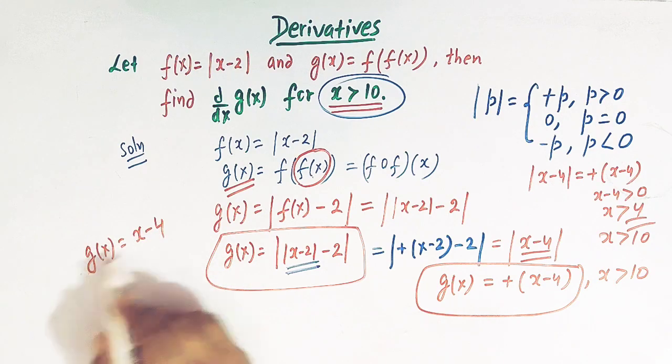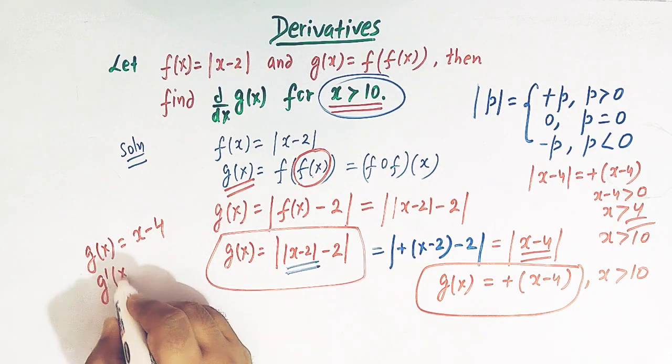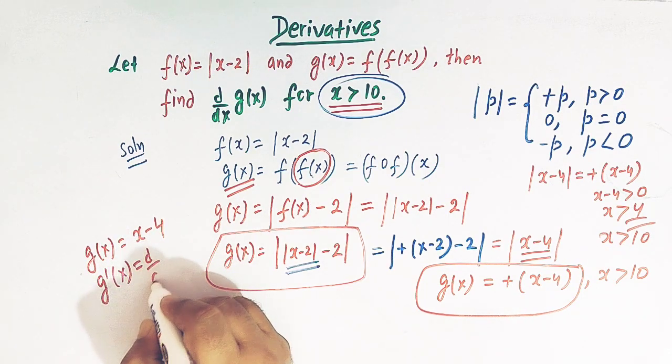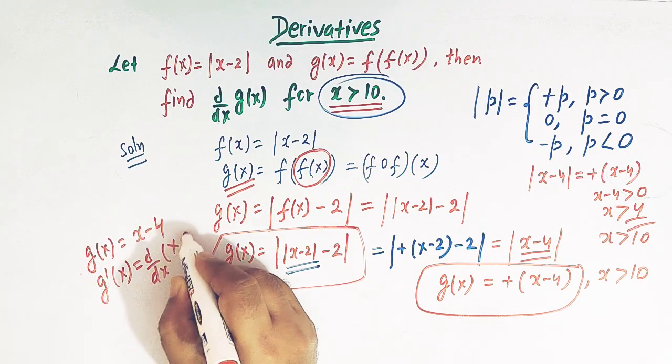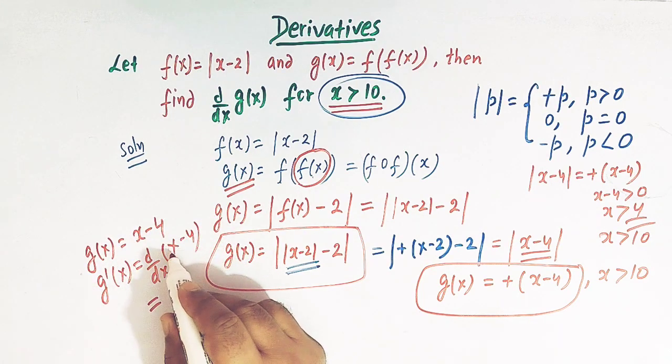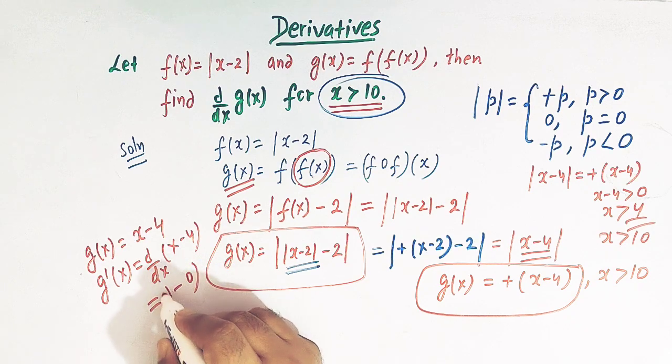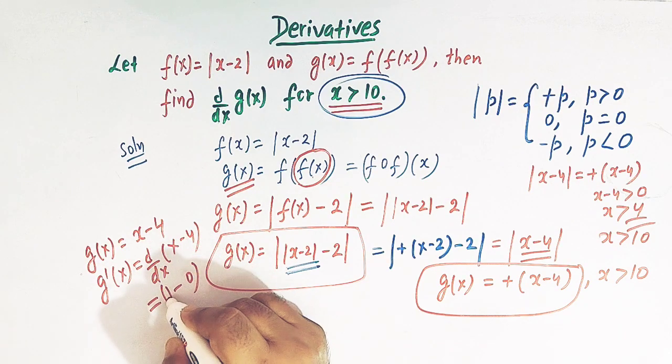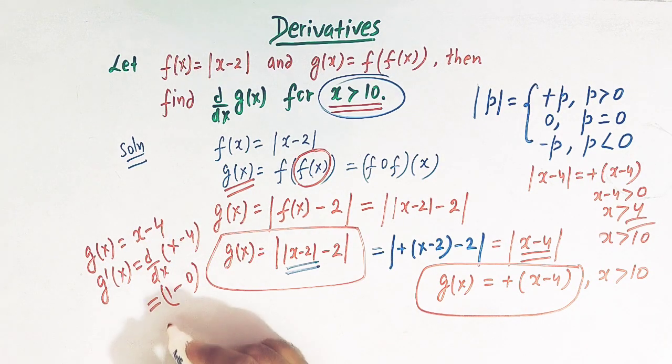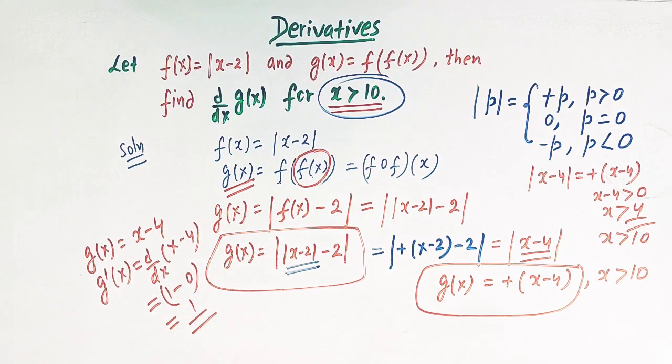Now if we differentiate both sides with respect to x, then the derivative of x minus 4 is equal to 1 minus 0, because the derivative of x is 1 and derivative of 4 is 0. This is equal to 1, right?